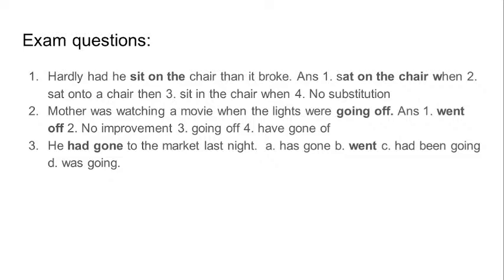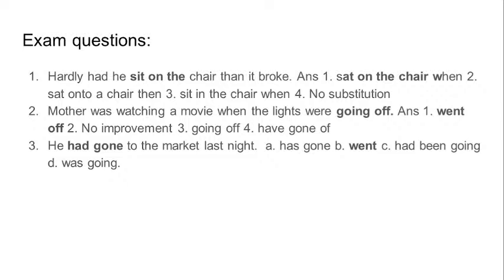So "lights were going off" is again a second past continuous tense, which we can't use in a single sentence. We can't use that. So that is why we have to use went off. That is a simple past tense. The second action, the interrupting action, will always have a simple past tense, because this entire sentence speaks of a past tense.